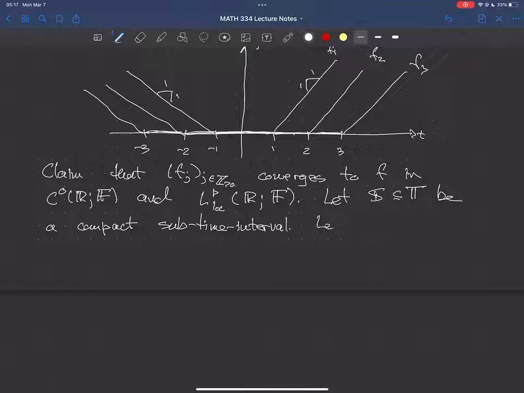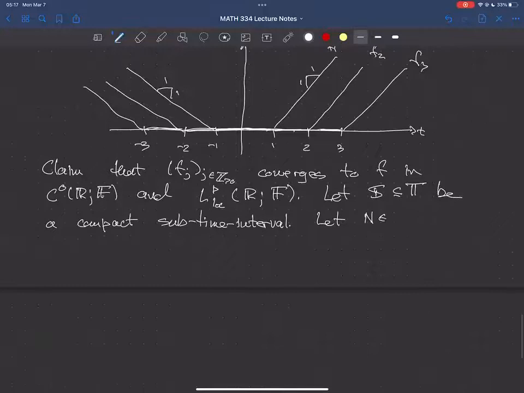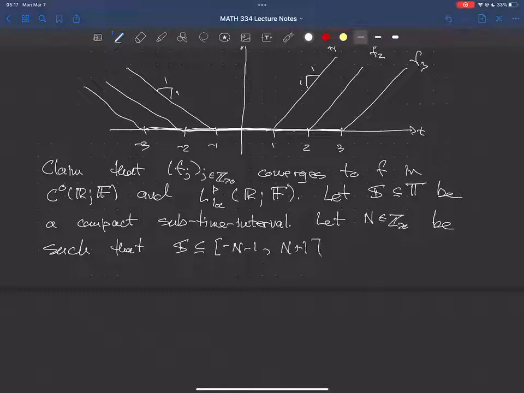Let n, rather similarly to what I did in the discrete time example, be such that S is contained in, and let me just be safe here, or just remove any possible ambiguity, let me go from minus n minus 1 to n plus 1, just to remove the kind of boundary points.